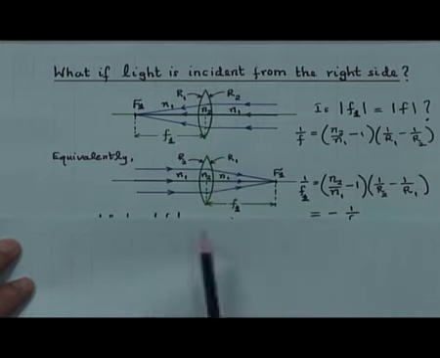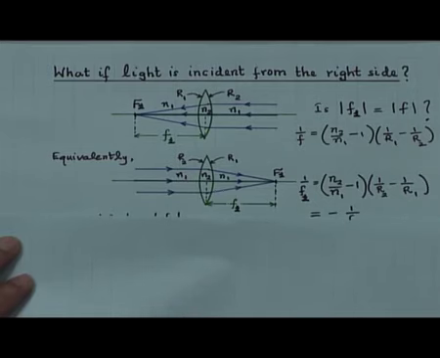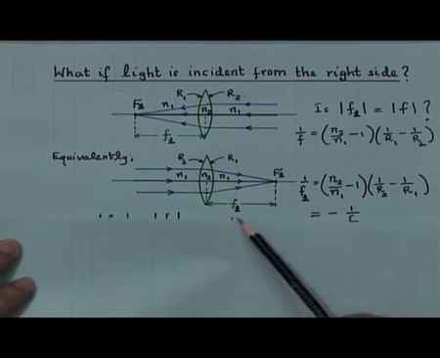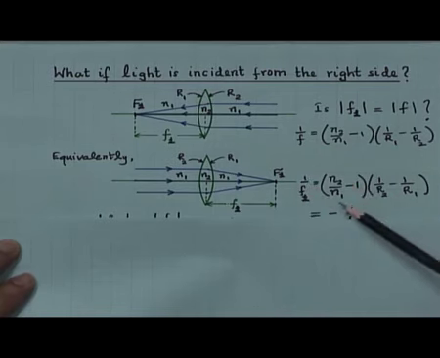So, I have just flipped it and put r2 first and r1 here, and therefore, 1 over f1. So, this is not f2, it is f1. So, 1 over f1 is equal to (n2 by n1 minus 1) times (1 by r2 minus 1 by r1).